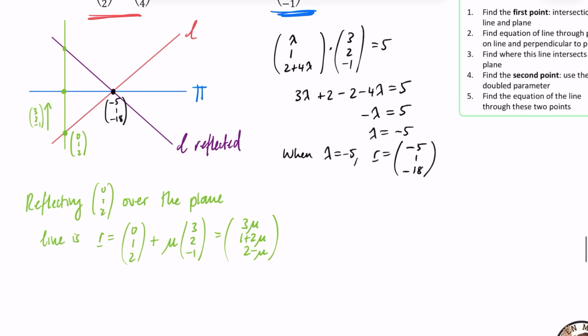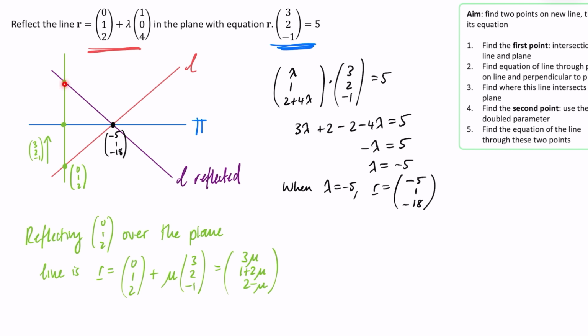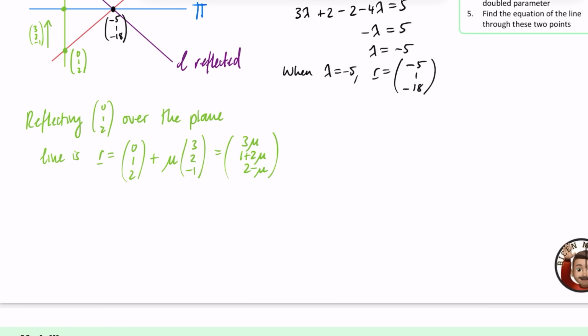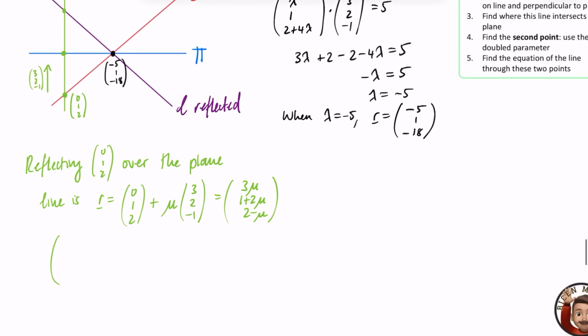So to reflect it, I'm going to find out where this green line intersects the plane, and then I'll be able to figure out what this one is, doing this last thing with the doubled parameter. So we're doing that same process that I just did in the black writing up there.